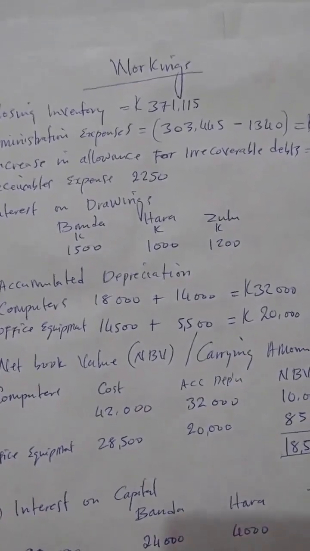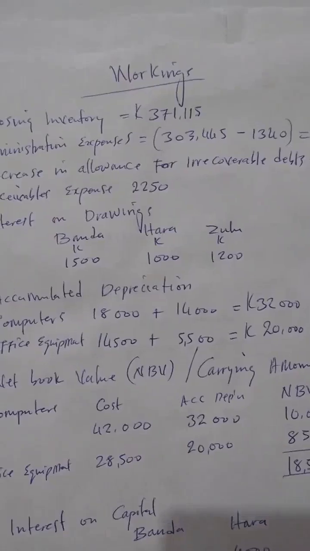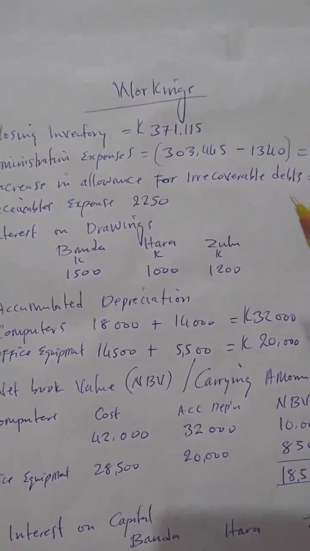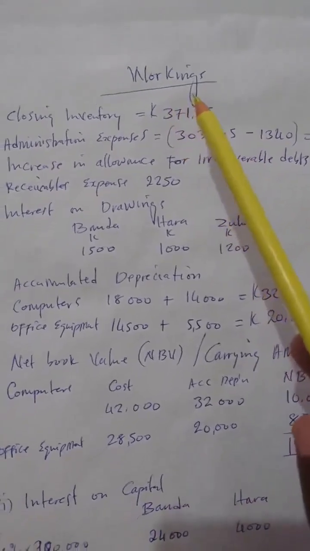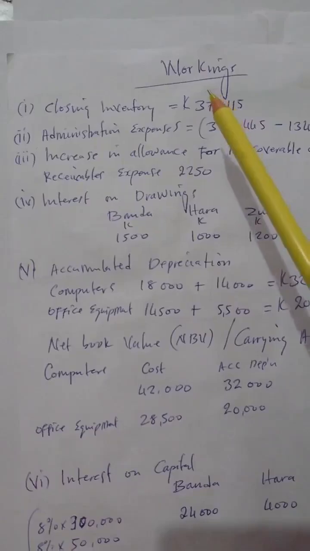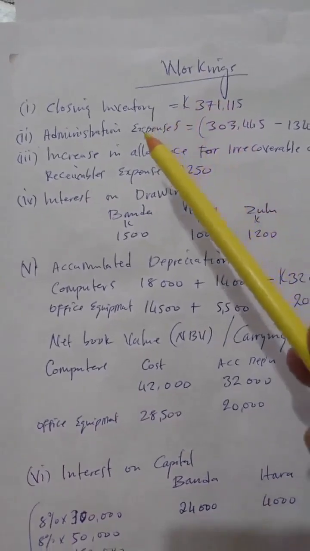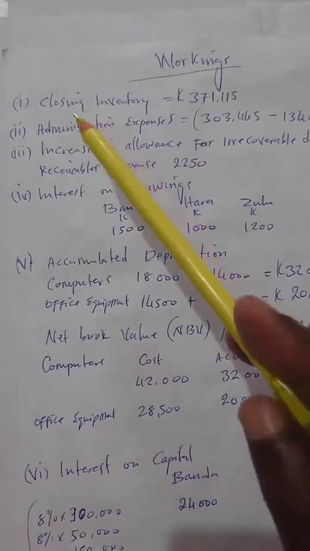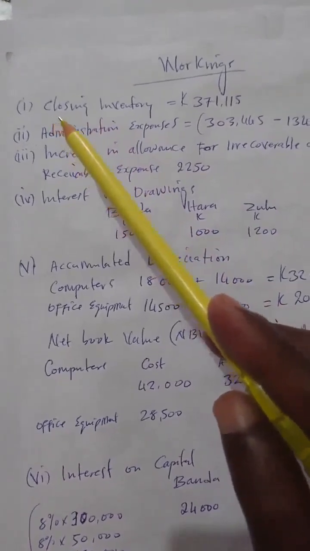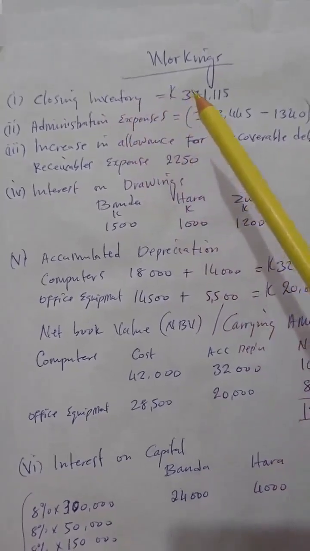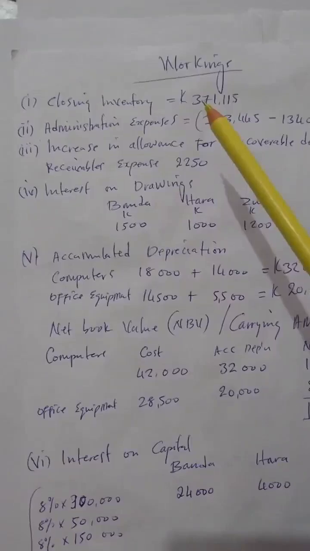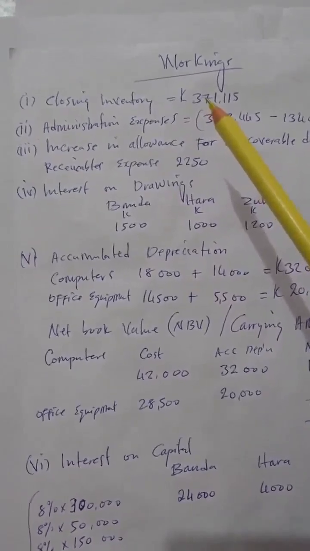All right, so the first thing you do after reading the question, you do the workings. You find that on the information and the additional information that was given, you needed to make these workings to adjust the figures necessary according to the additional information given.